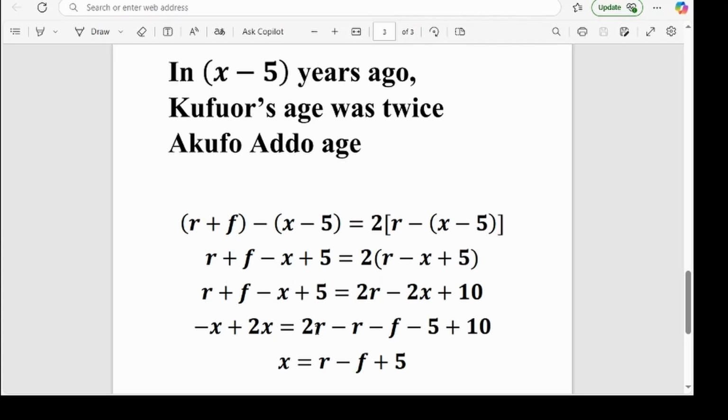So dealing with the S variable in the equation, we have minus S here, so we take all the minus S here. And there's minus 2S here.